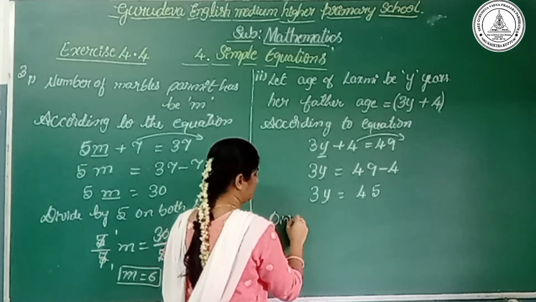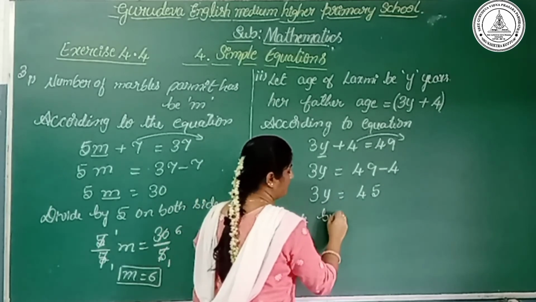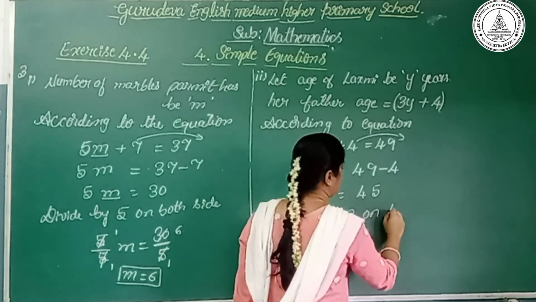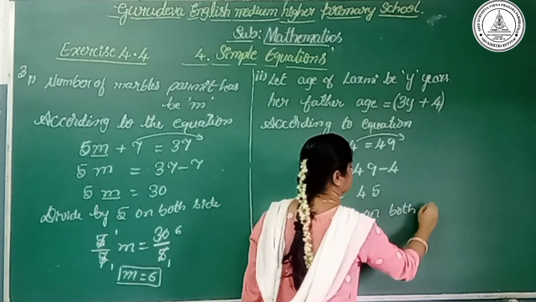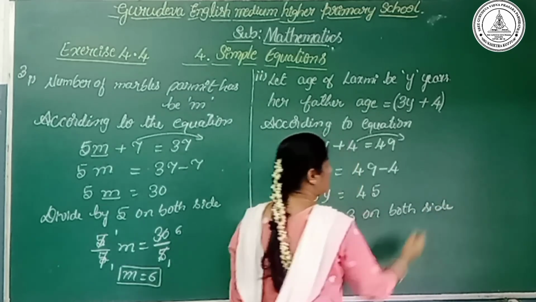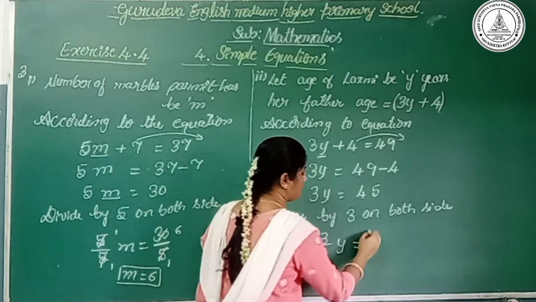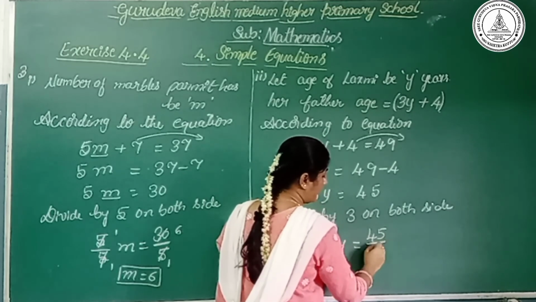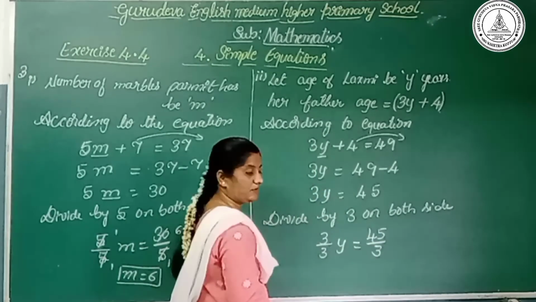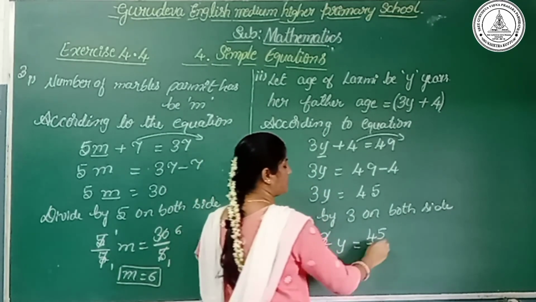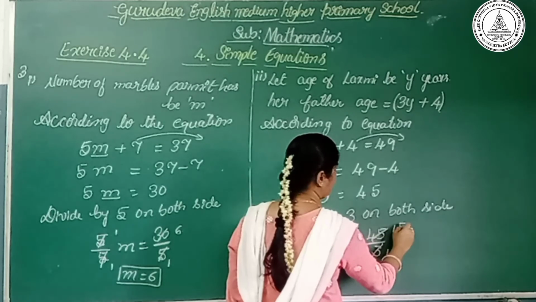Divide by 3 on both sides. We will get in the LHS 3 by 3 into y, which is equal to 45 divided by 3. Then simplify here. 3 ones are 3, 3 fifteens are 45.